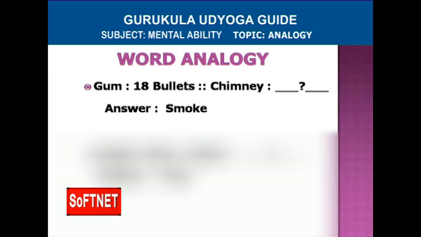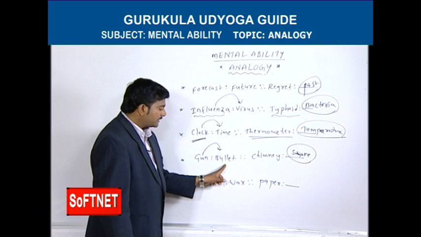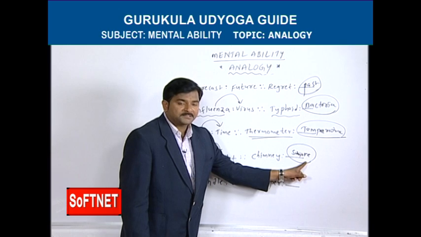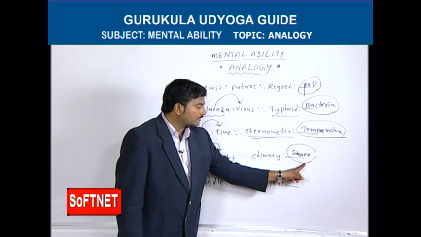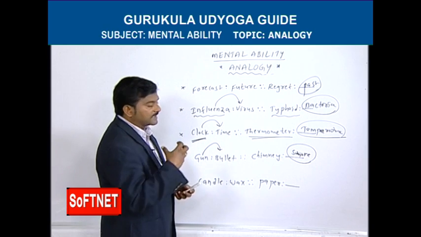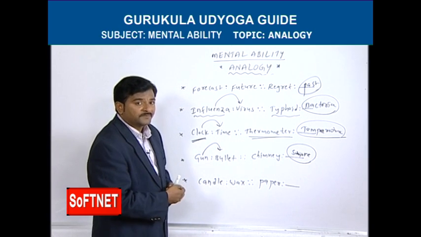We say smoke comes out of a chimney. The first one, the second one comes out from the first one. I repeat, bullet comes out from the gun; similarly, smoke comes out from the chimney. That means the second one comes out from the first one.